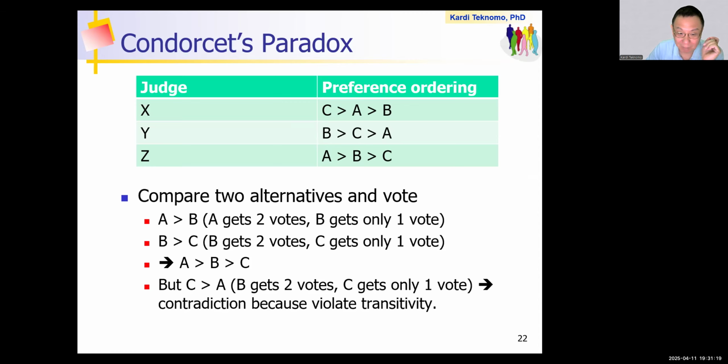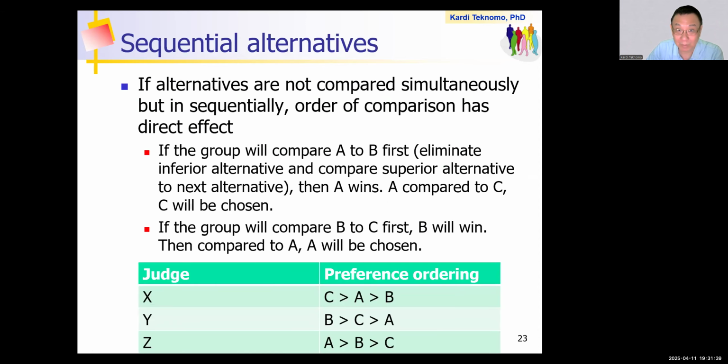Now not only that, in group decision sometimes we don't see things immediately, isn't it? So there's a sequence of the alternatives, and the sequence of the alternatives matters. If the alternatives are not compared simultaneously, but consecutively, then the order of comparison also has a direct effect.